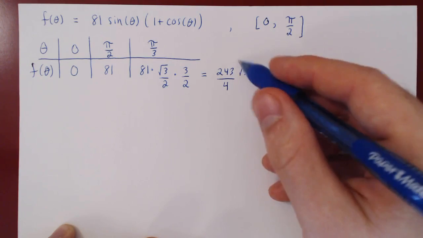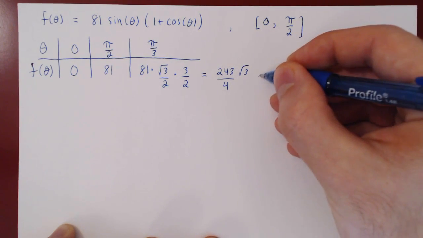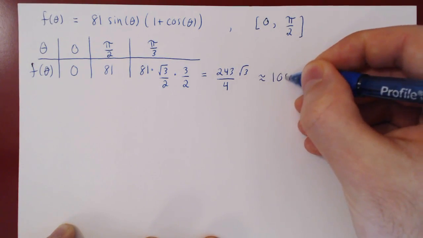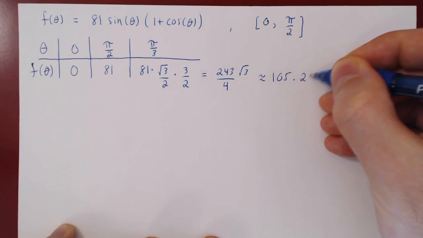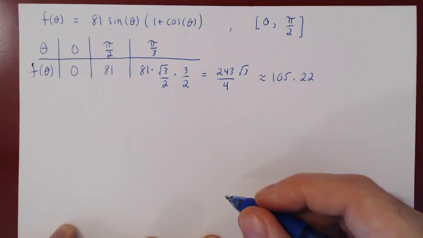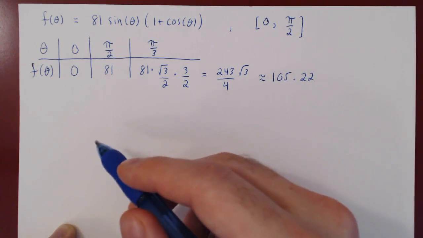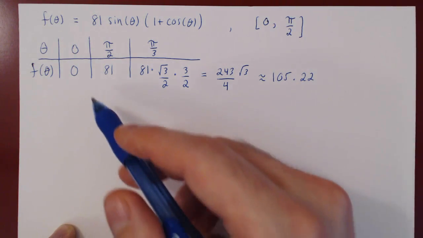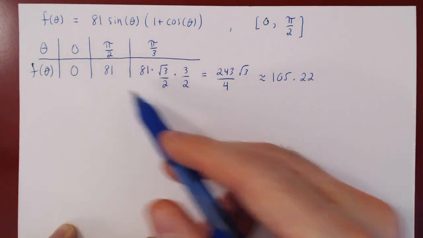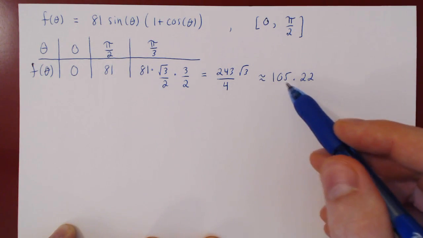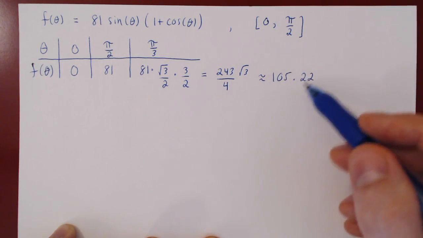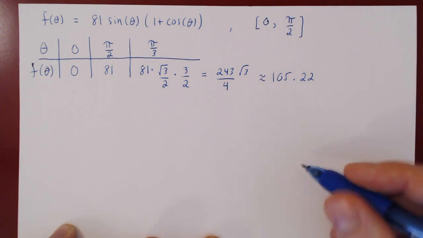And then with your calculator, if you compute this, you will find an approximate value of 105.22. And now we have our three possible values for our maximum value: 0, 81, roughly 105.22. This clearly is our maximum possible area.